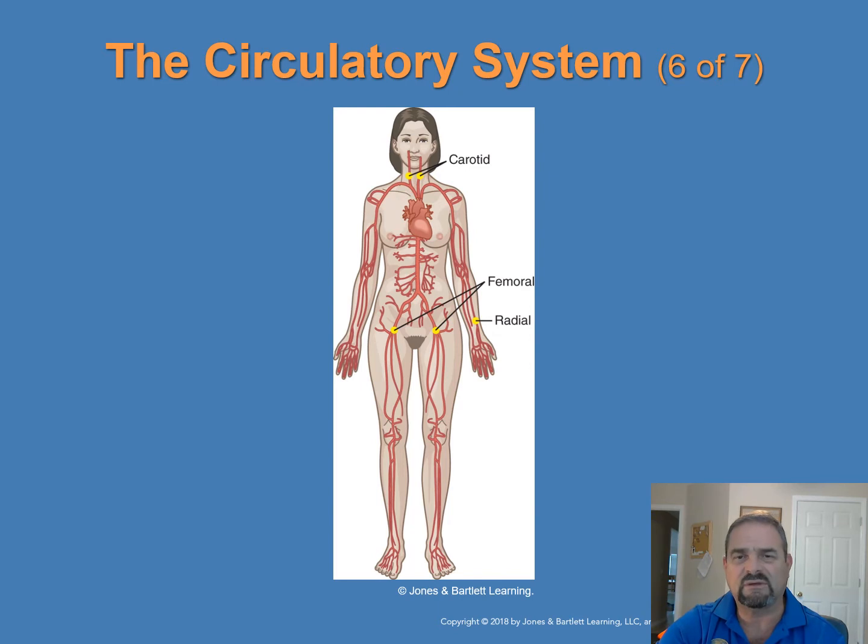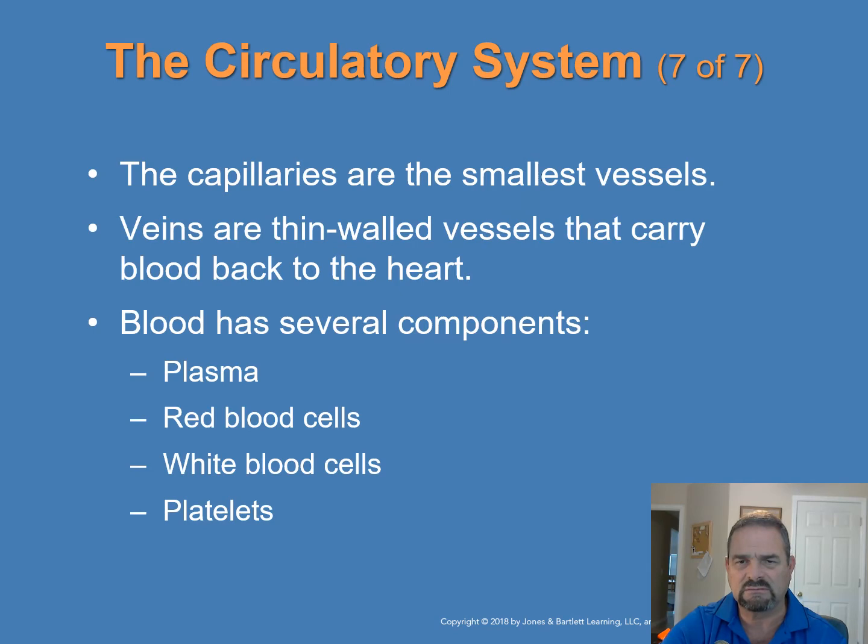All right, so here are the locations of those arteries. It shows you the carotid artery here, the femoral arteries, both left and right, and the radial arteries. Capillaries are the smallest vessels. Veins are thin-walled vessels that carry blood back to the heart, and blood has several components.